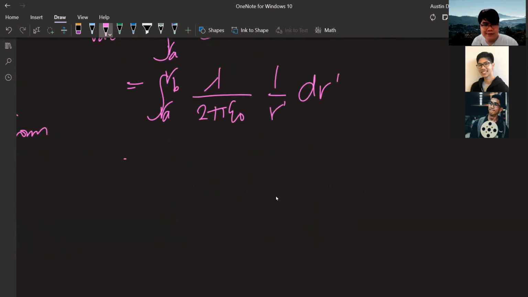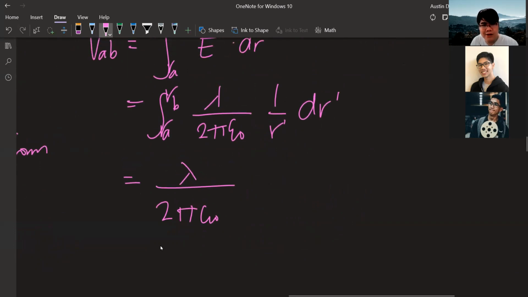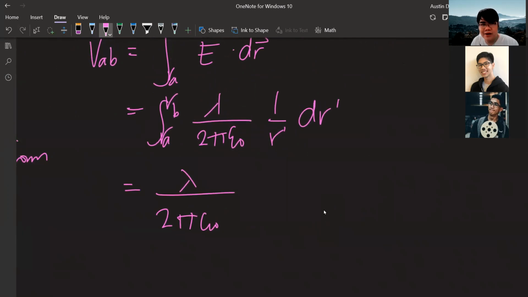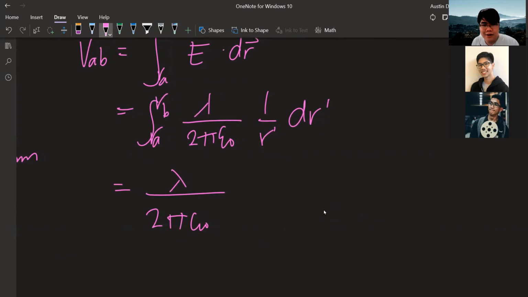Okay, so I take all the constants out of the integral because they have no effect. And the integral of 1 over r is a logarithm. Tama ba? Naalala niyo pa? Natural logarithm of r prime evaluated from RA to RB.